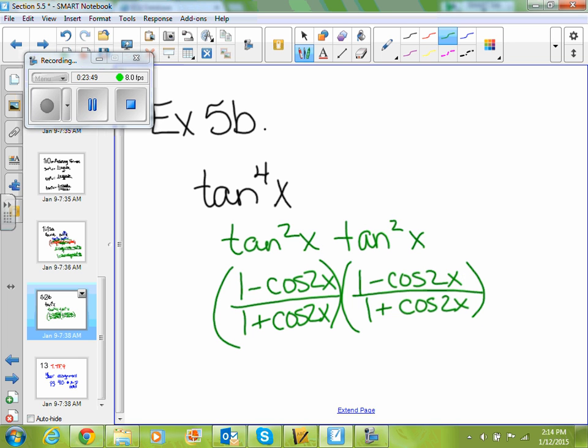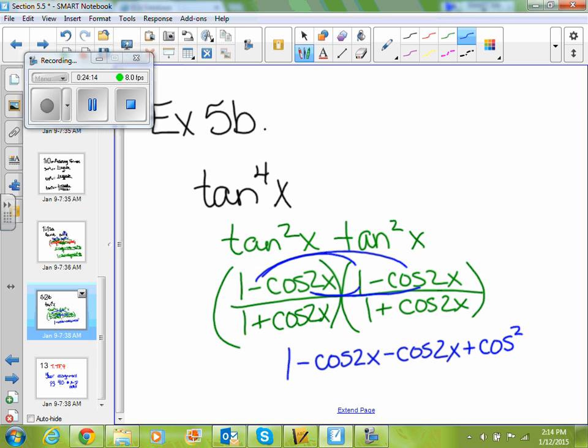So once we know that, we can simplify those and FOIL the top and bottom. 1 times 1 gives me 1. 1 times negative cosine of 2x is minus cosine of 2x. Minus cosine of 2x times 1 is minus cosine of 2x. Negative cosine of 2x times negative cosine of 2x is positive cosine squared of 4x.